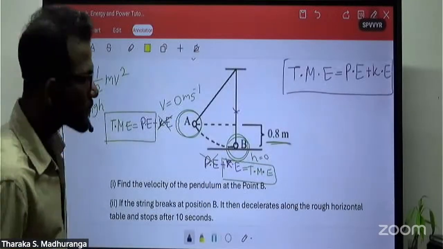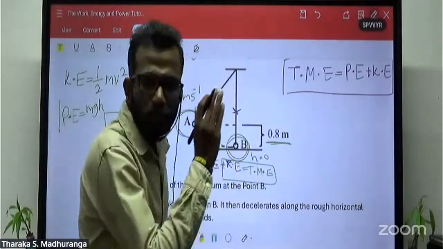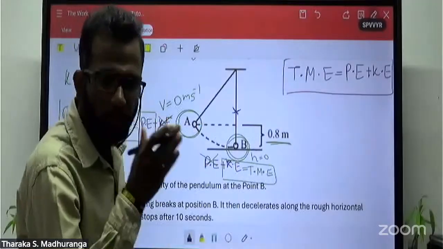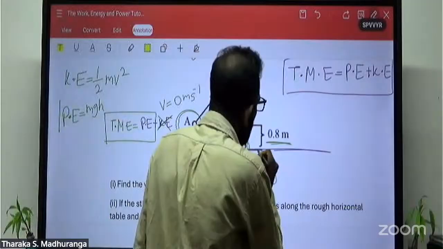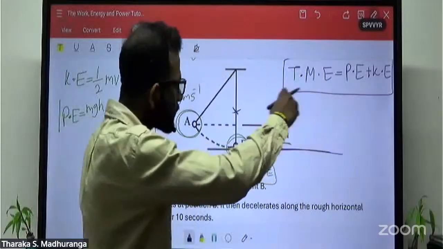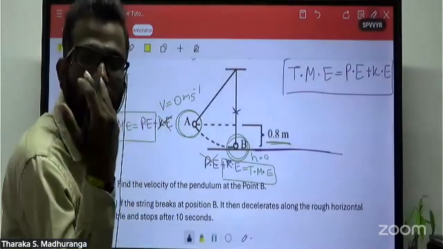Good question. When it comes to B point, the string breaks. Then along this horizontal rough surface, the object decelerates up to 10 seconds.